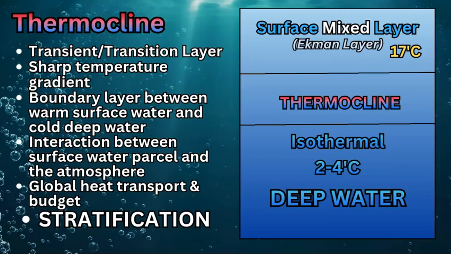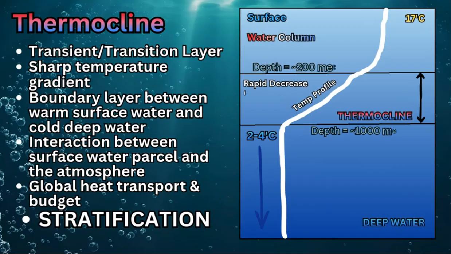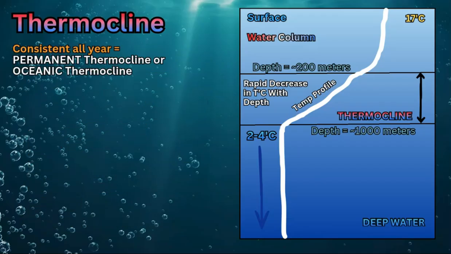So you're going from an average of 17 in the mixed layer, where you have a very slow change in temperature with depth, and it goes to a depth of about 200 meters where you hit the thermocline, and that temperature drops quickly with depth down to 1,000 meters, where it goes from a warm temperature down to a very, very cold temperature. And this layering or stratification is consistent throughout the world's oceans and is the permanent thermocline.